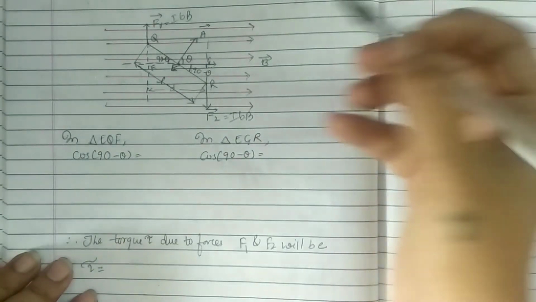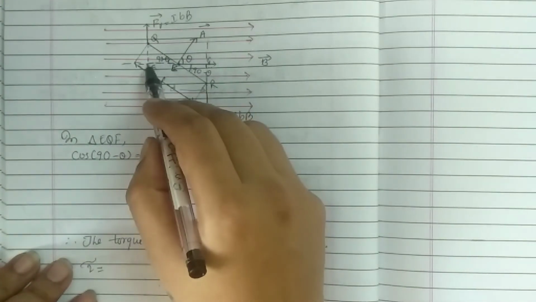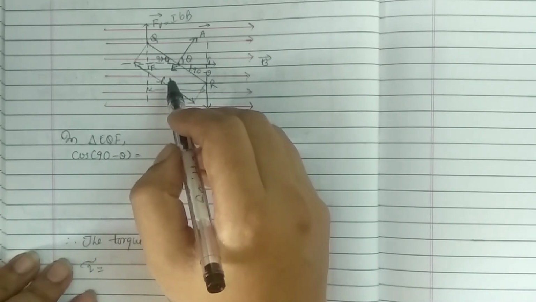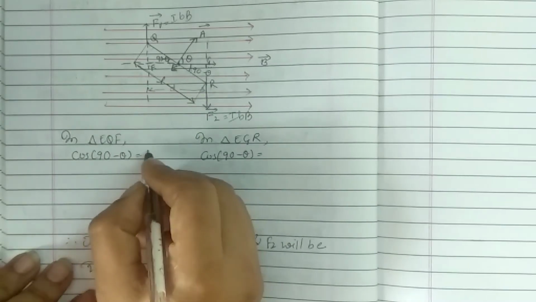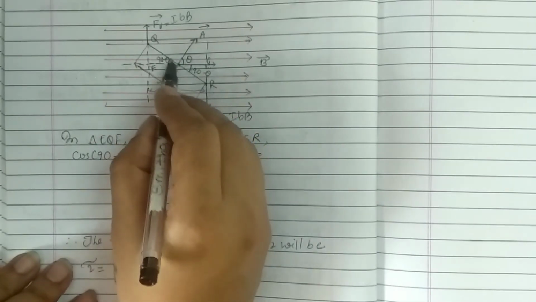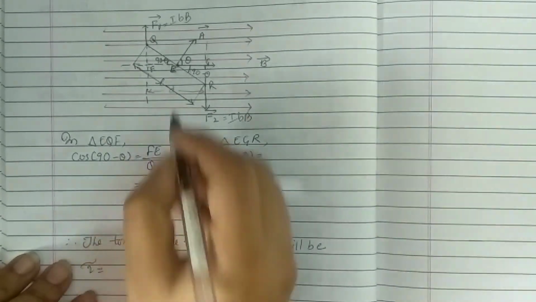If you find cos of 90 minus theta in triangle EQF, what is cos? Adjacent by hypotenuse. So the adjacent is FE and the hypotenuse is QE. What is FE?